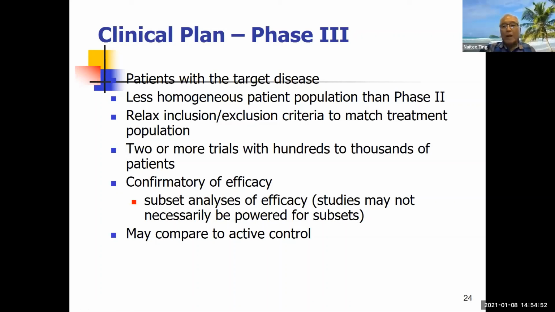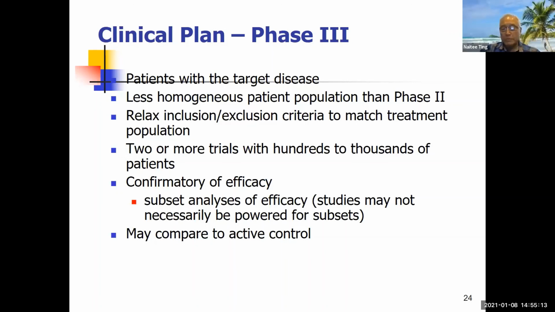Traditionally, FDA requires replicated evidence. So you want to have 2 or more trials with hundreds to thousands of patients. All right. Now, phase 3, you're committed. You say the drug is good. We want to move to phase 3. So it's a huge investment into phase 3, long-term, large scale.